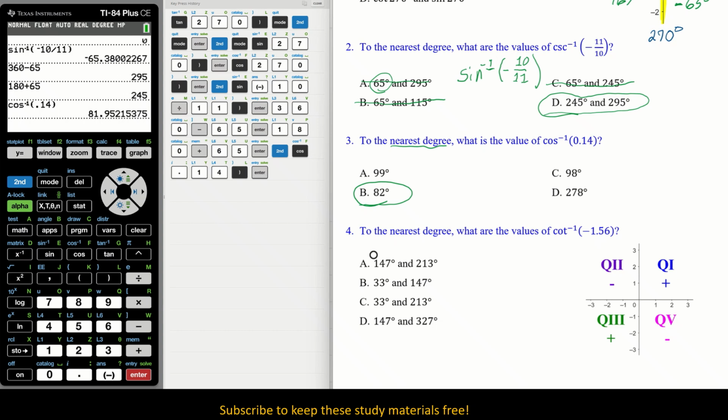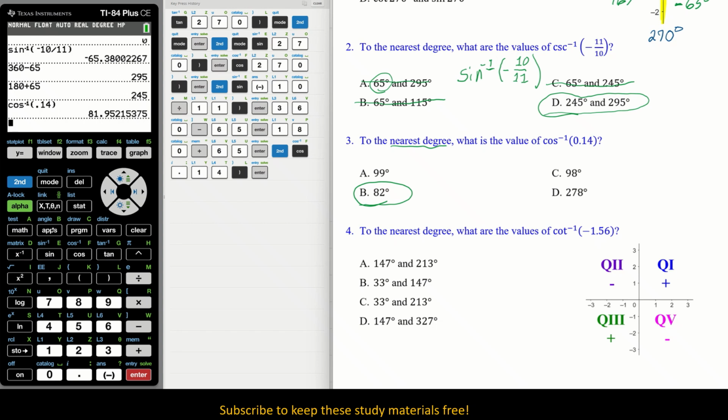Okay. All right, now let's look at number 4. To the nearest degree, what are the values of inverse cosecant, sorry, inverse cotangent of negative 1.56? Okay, so what you're going to do is what we did above for number 2. Instead, you'll use tangent and use the inverse here. And you'll use negative 1 over 1.56. So let me pop that in the calculator, okay?